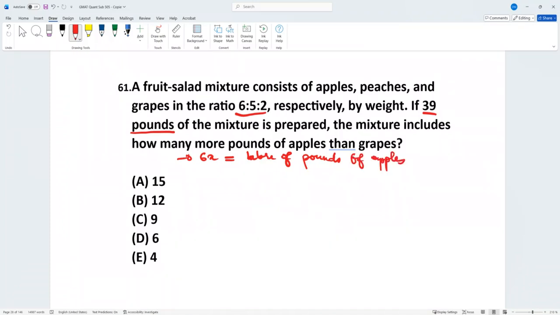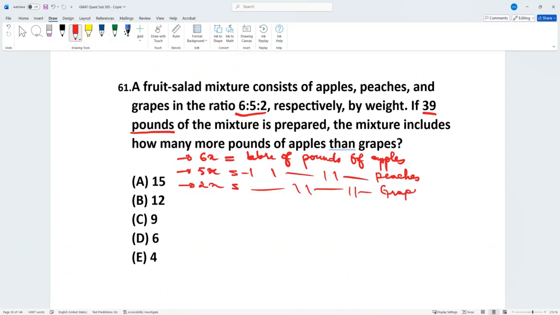And then 5x is going to be equal to the number of pounds for peaches, and 2x is actually going to be equal to the number of pounds for grapes, like this.